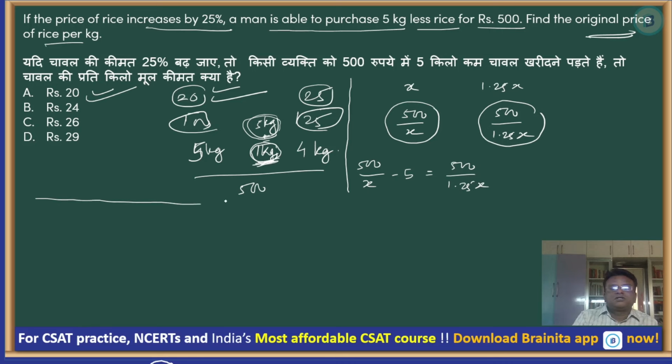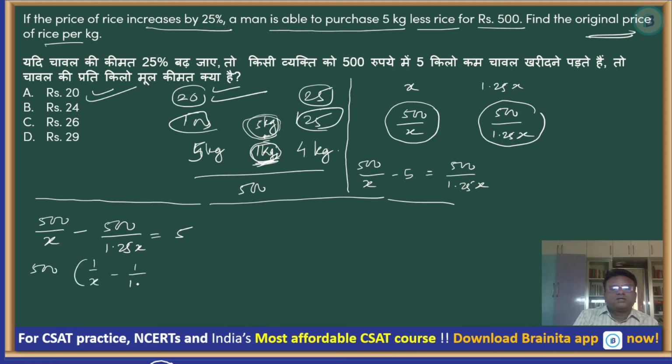Now let me come here. So this is 500 by x minus 500 by 1.25x is equal to 5. To take 500 common, 1 by x minus 1 by 1.25x is equal to 5.